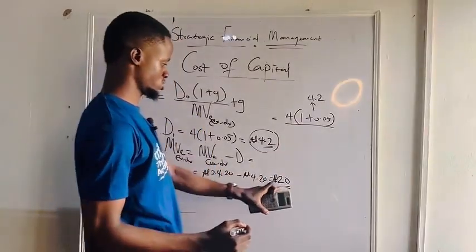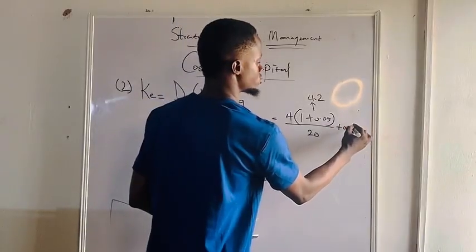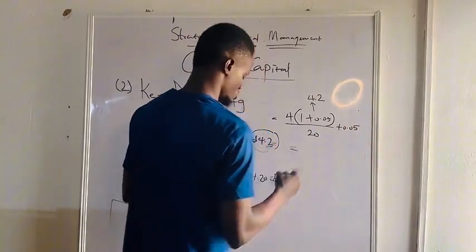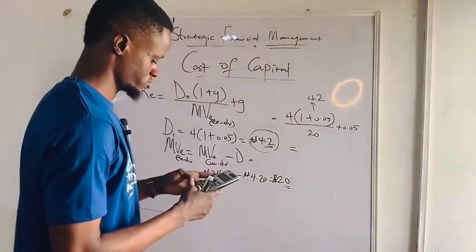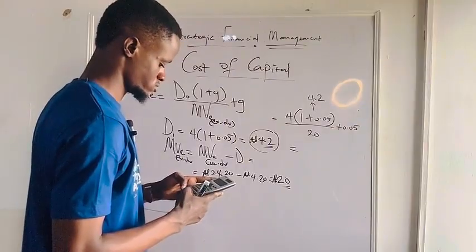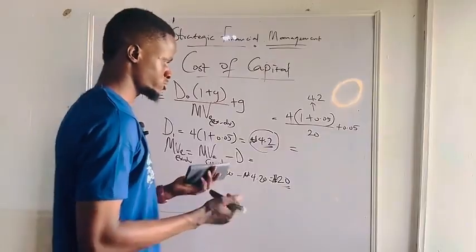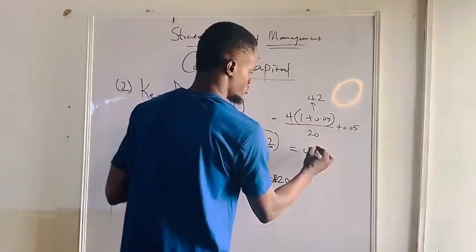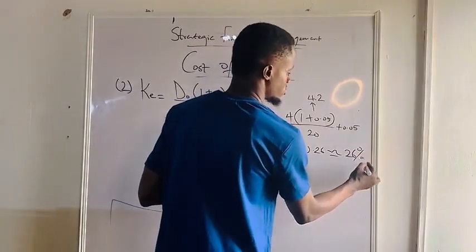MV is 20 plus 0.05. This will be equal to 0.2 divided by 20 plus 0.05. This will be equal to 0.26, which is the same thing as 26%.